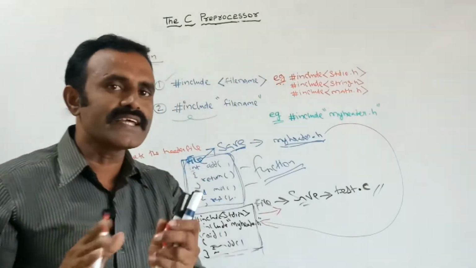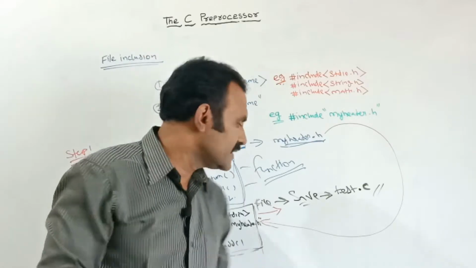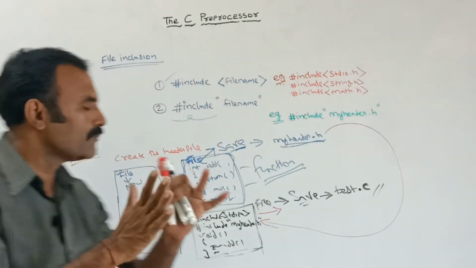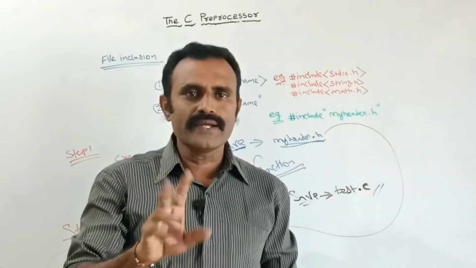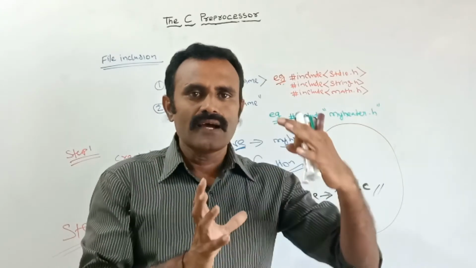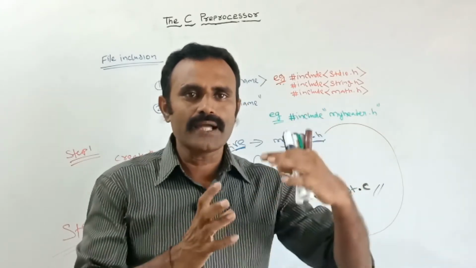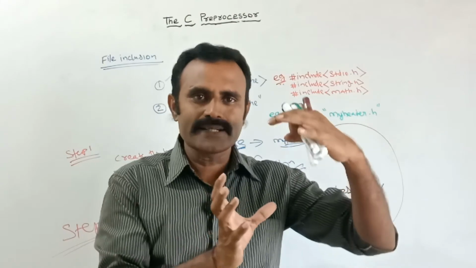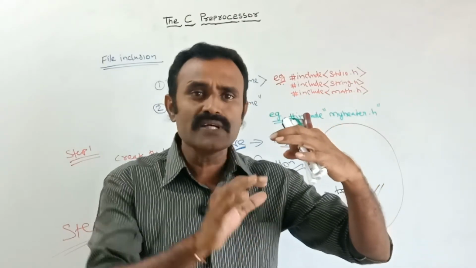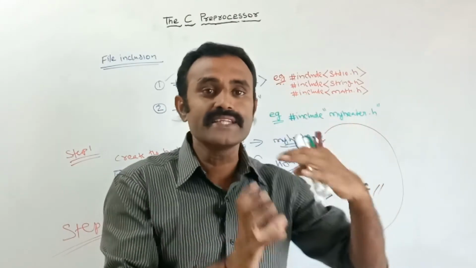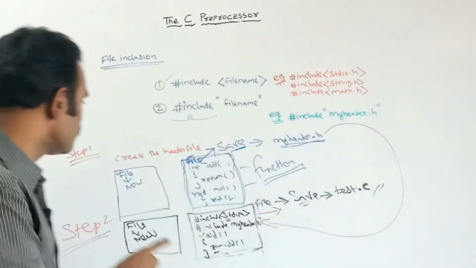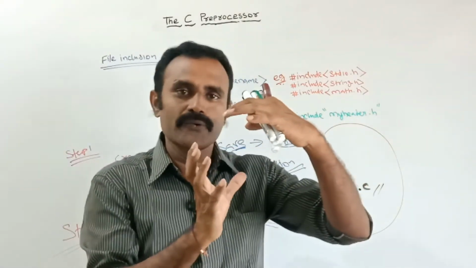So now let us see a simple example. Let us take the same example. I am going to create two files. In the first file, I write the functions I need and save that file with the extension .h, the first file name being myheader.h.